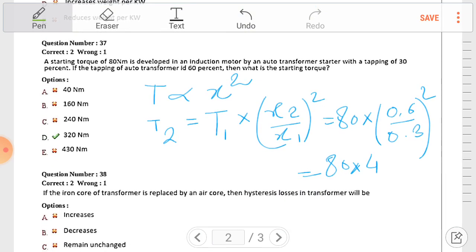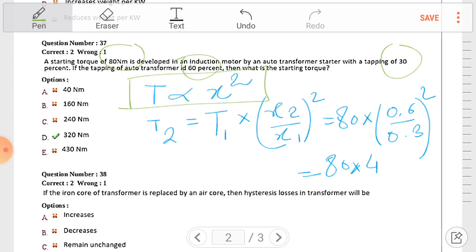In the next question, a starting torque of 80 Newton meter is developed in an induction motor by an auto transformer starter with a tapping of 30%. If the tapping is increased to 60%, then what is the starting torque? We know that torque is directly proportional to x square, tapping square. If tapping is increased, then torque will also increase with the square of the tapping.